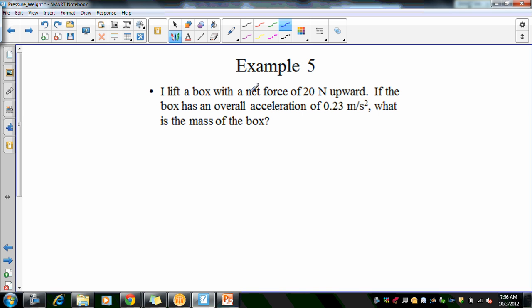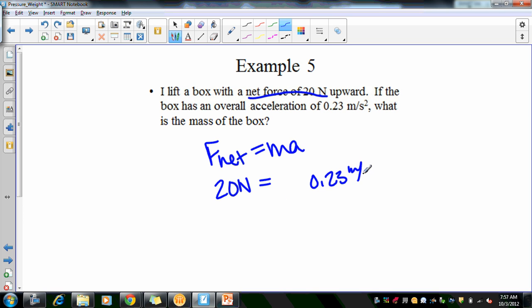All right, here's another one. So a net force of 20 newtons upward. If the box has an overall acceleration of 0.23 meters per second squared, what is the mass of the box? So the net force is 20 newtons. The acceleration is 0.23 meters per second squared.